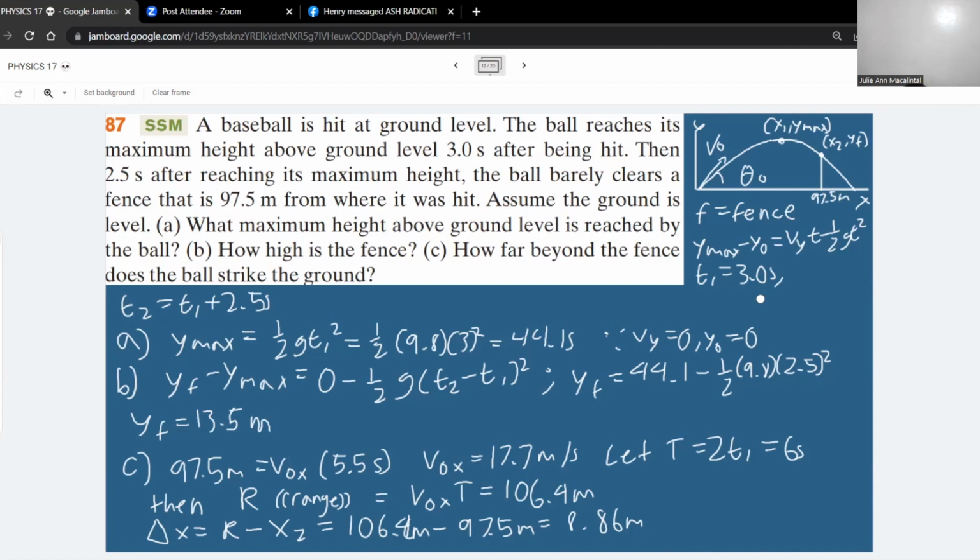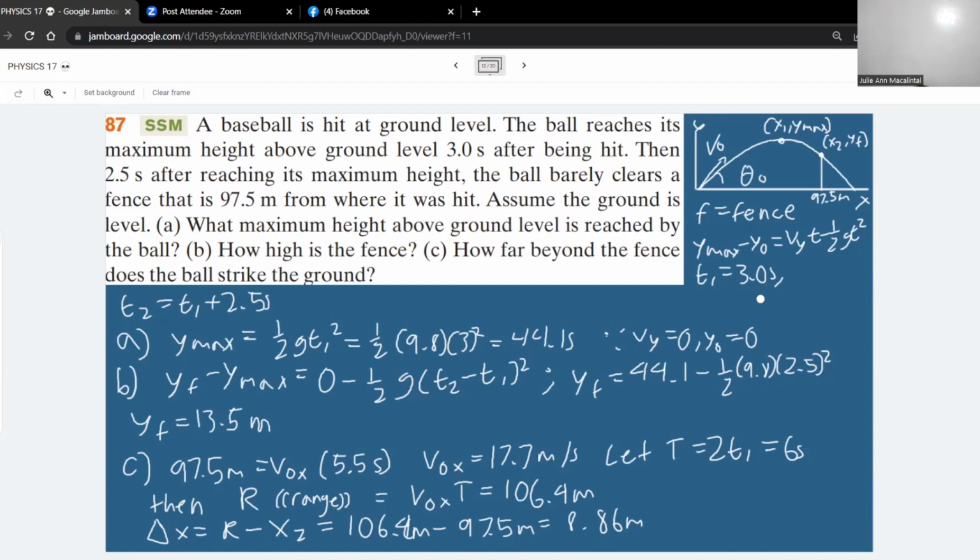Sabi, hindi eh. So if it's may initial angle siya. So Y max is... may problema yung ano eh.